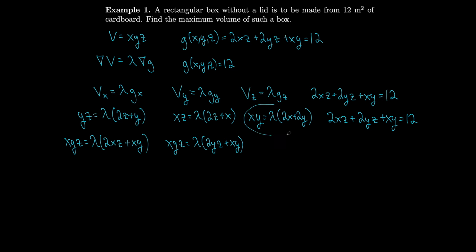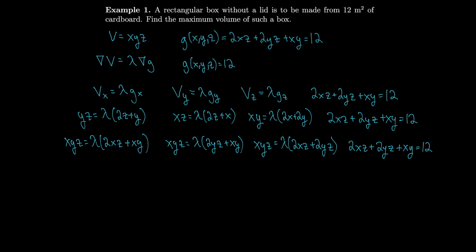And then my last one is missing a z. So I'll multiply by z, and I get xyz equals lambda times 2xz plus 2yz. And I can't forget my constraint equation 2xz plus 2yz plus xy equals 12.